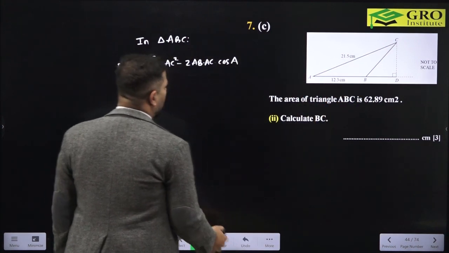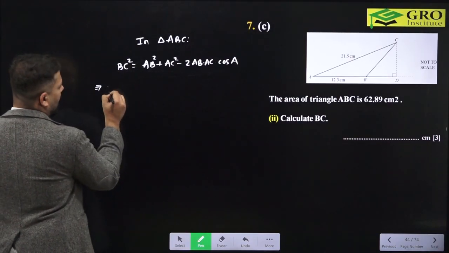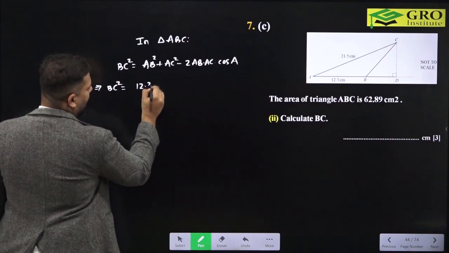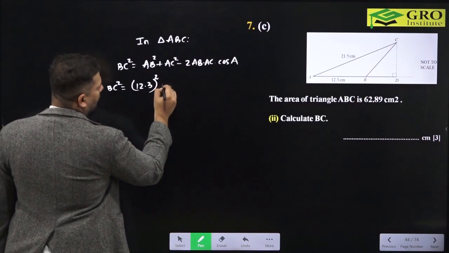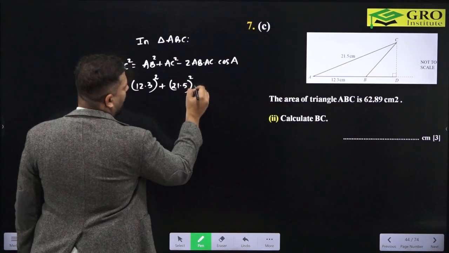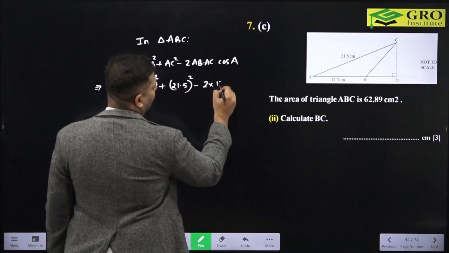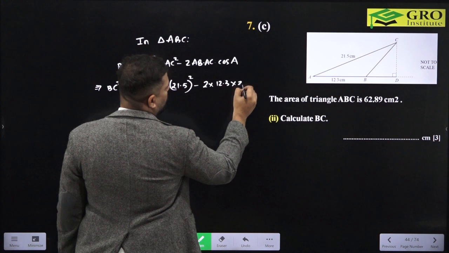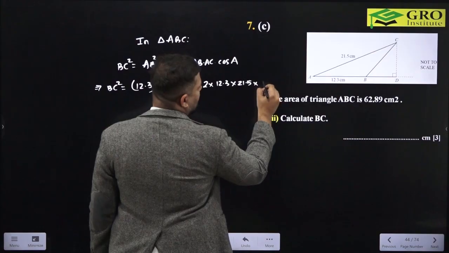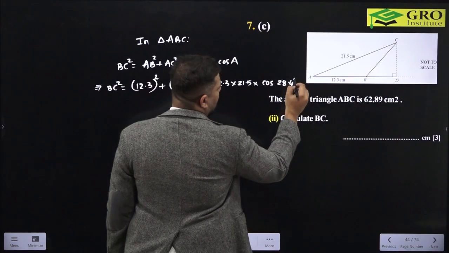And are we in the know about these dimensions? Let us quickly put the values. So here this implies that BC square is equal to AB square, that will be 12.3 centimeter square, added with AC square, that is 21.5 square, minus twice of AB, so 2 times AB being 12.3 and AC being 21.5 times cos of A. Cos of A is nothing but cos of 28.4 degrees.